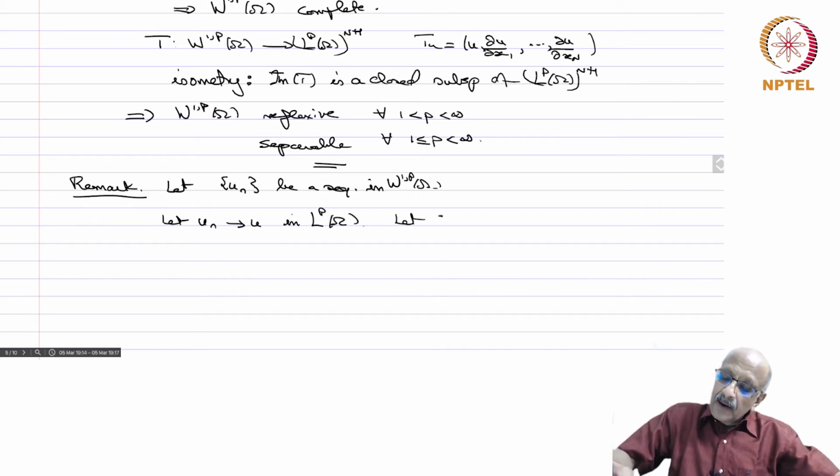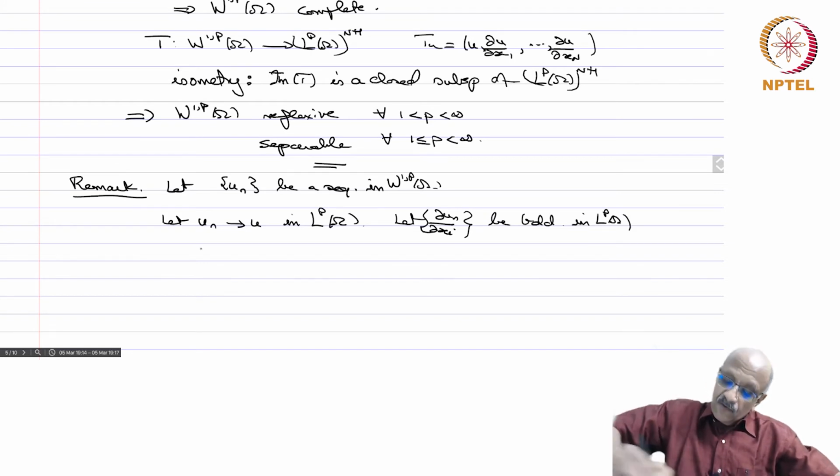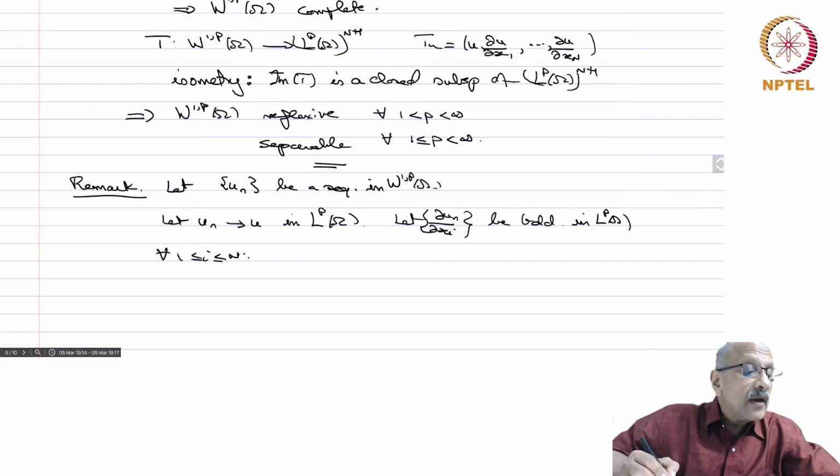Let dun by dxi be bounded in Lp of omega for all 1 less than or equal to i less than or equal to n.